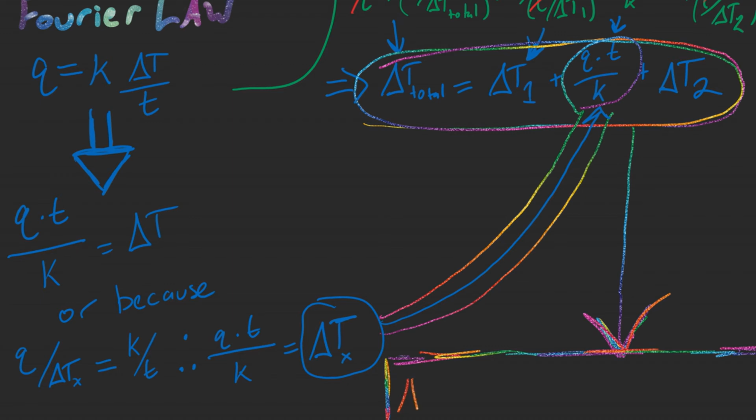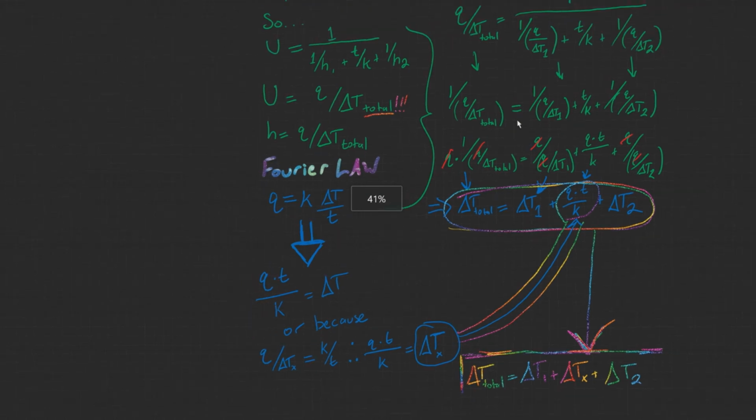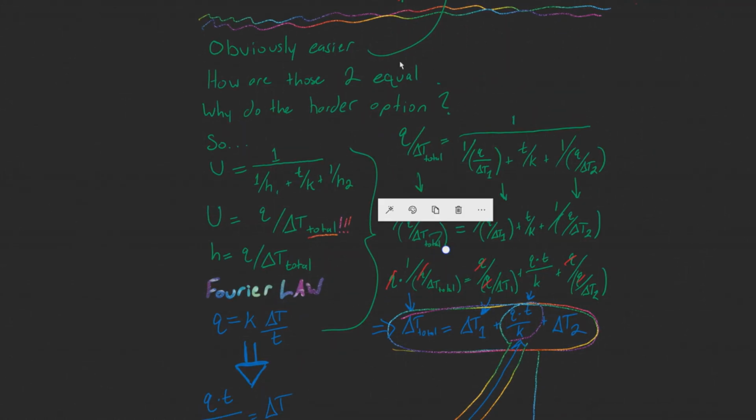So all of this math and rearranging has just showed us delta T total for the system is equal to delta T1 plus delta Tx, wall, whatever you want to call it, plus delta T2. And we got this equation from that weird U equals 1 divided by 1 over h plus t over k plus 1 over h divided by 2.